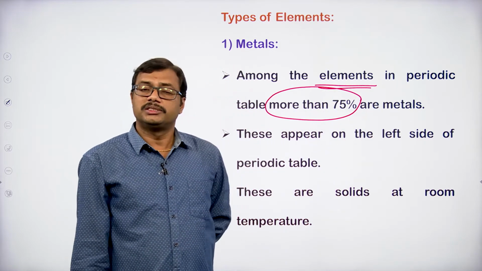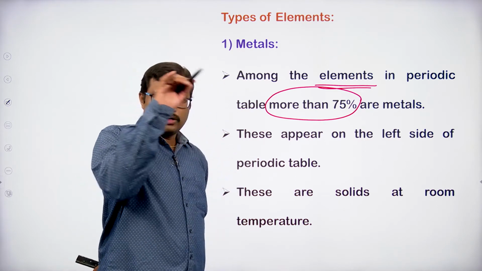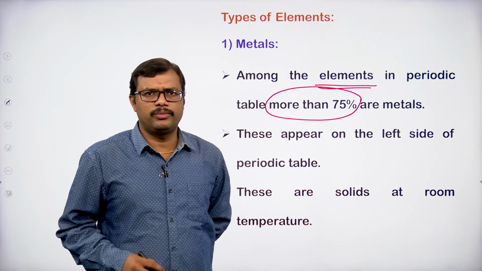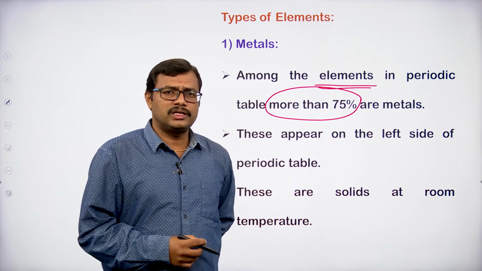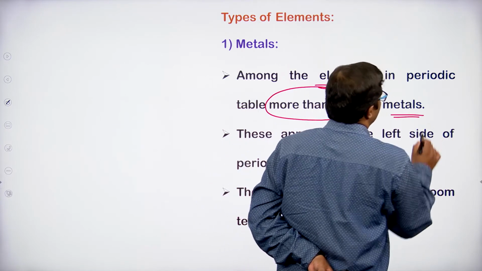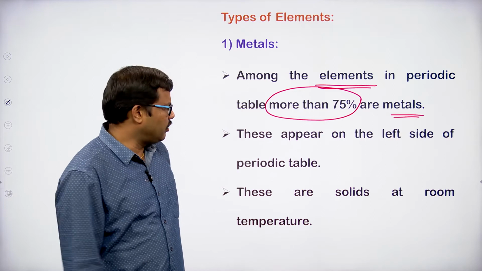Among the 118 elements, more than 75% are metals. So metals occupy more portion of the periodic table, that you have to see.